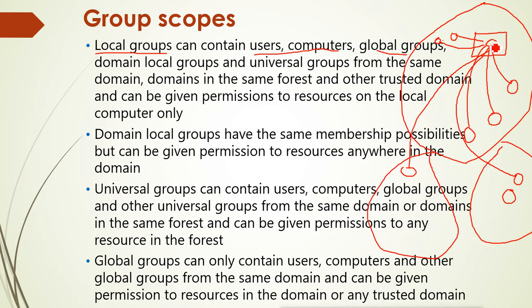Now this group is used to provide permission only on this local computer. That means if we have any resources and we want to provide permission to them, for example, a folder with some data, and I want to make this data available to users or computers that are members of the local domain, or members of the global group, or the domain local group, or the universal group, or any other universal group from any other domain within the single forest, I can give the permission to this local group.